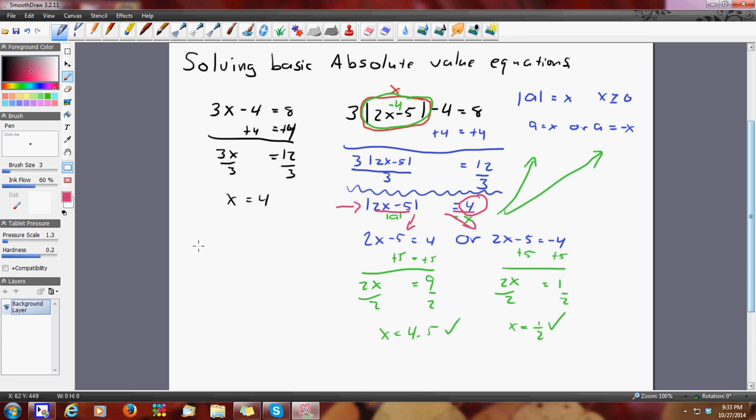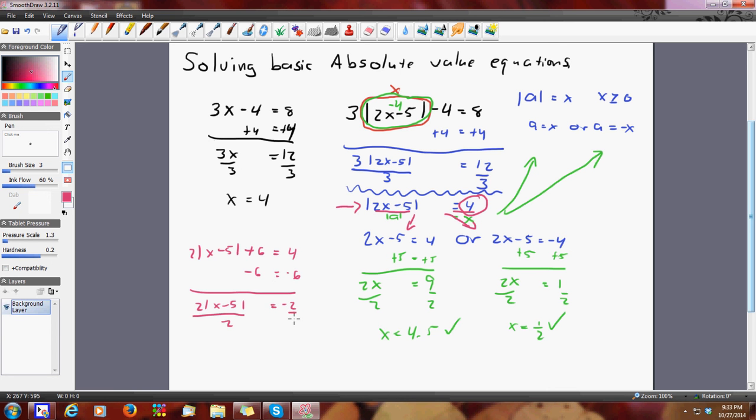If you have something like this, 2 times the absolute value of x minus 5, plus 6 equals 4. Well, I'm going to subtract 6 first. I get 2 times the absolute value of x minus 5 equals negative 2.